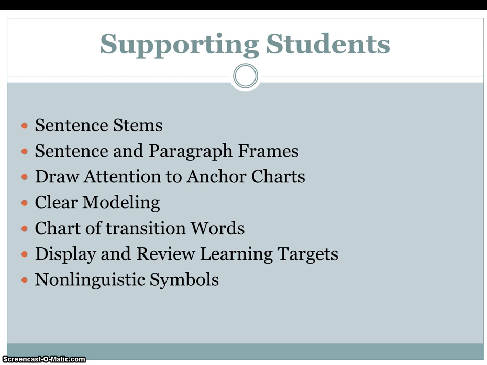And as always, drawing attention to those anchor charts that are going to support your students. They forget to look. The clear modeling, the display and review of learning targets for all students. And as you notice, some of the prompts were very lengthy. Help the students to break that down so that they know what they're being required to do.